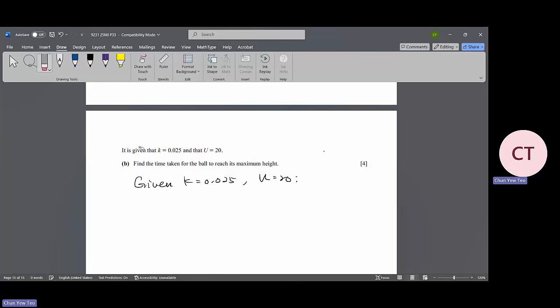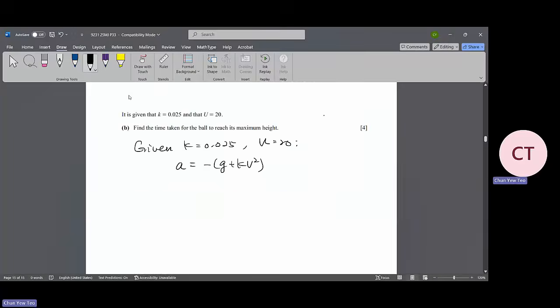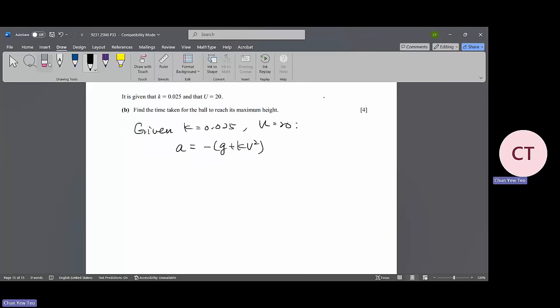So now we will repeat the result that we have just now in part A. We start from here, changing the K to become 0.025, then you change the a to become dV dt. This, you will get time.